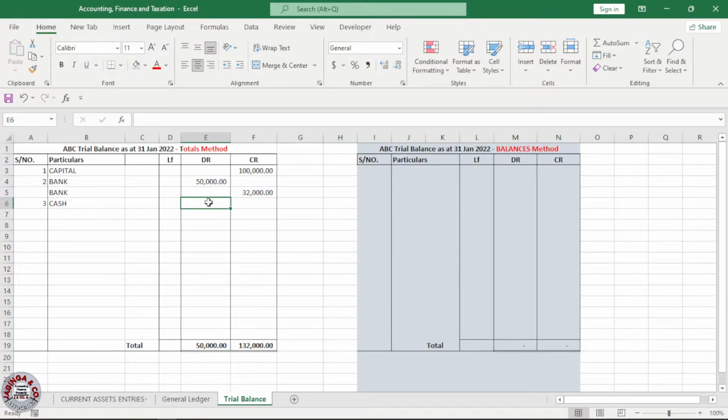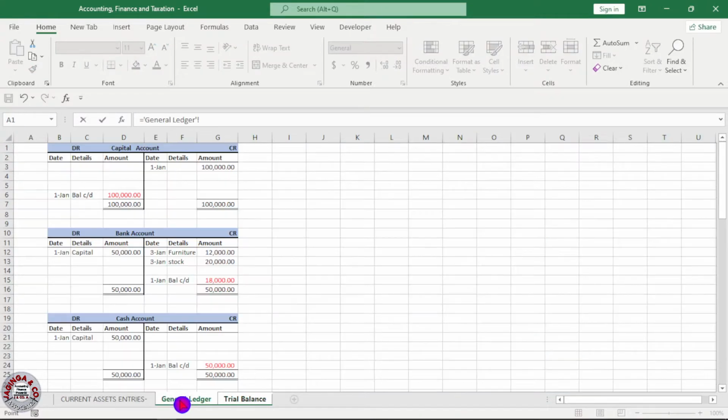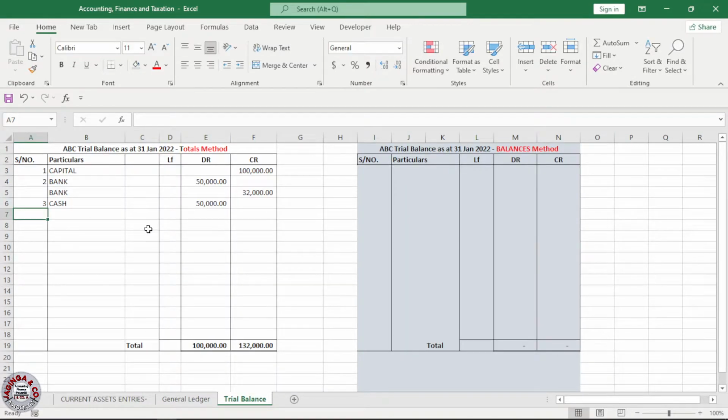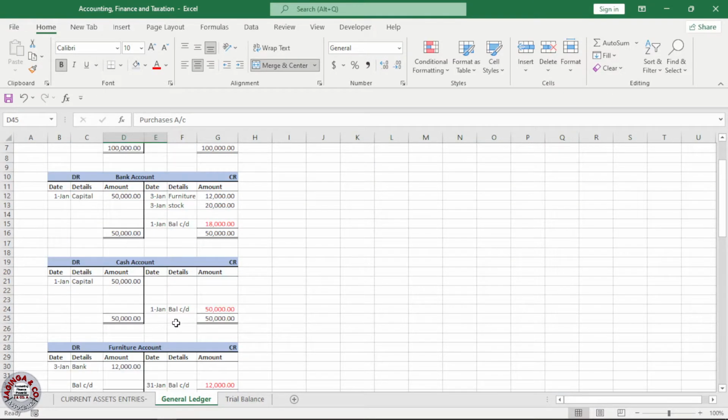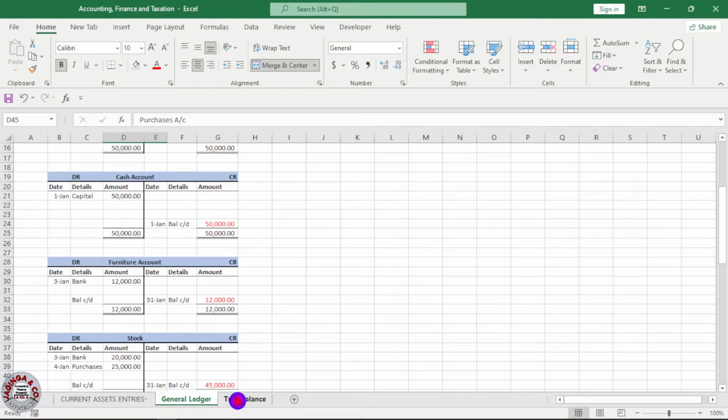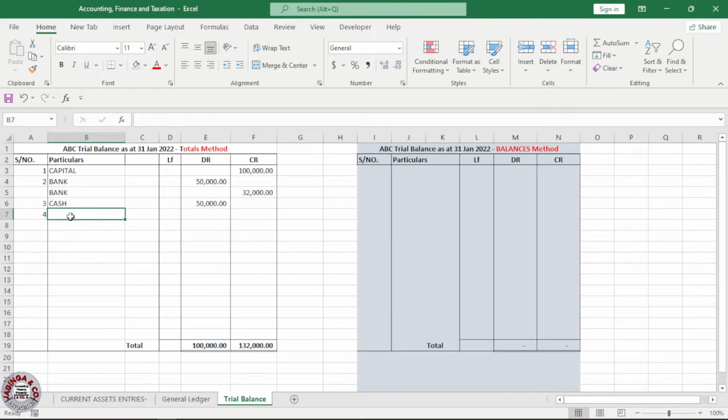When we go to cash account, we have a debit total of 50,000 shillings. There is no credit total. You only have the debit total, so we only have 50,000 shillings. Then the fourth one, we have furniture.